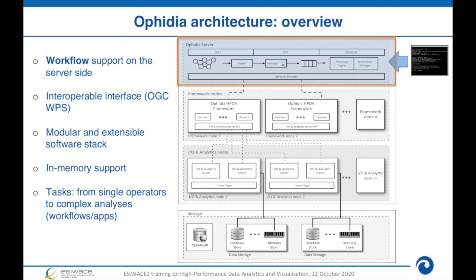The server, in fact, also handles user authentication and authorization in order to support remote connections, but it also takes care of the management, scheduling and submission of both tasks and entire workflows.